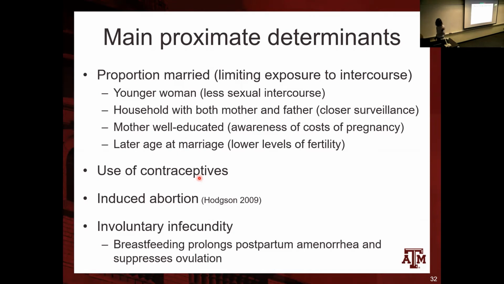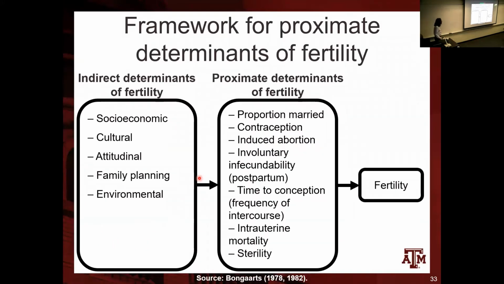Use of contraceptives can include information about both traditional and modern contraceptives, induced abortion, and the involuntary infecundity related to breastfeeding that prolongs the postpartum amenorrhea and suppresses ovulation, right? So basically, Bongaarts summarized like this. There are these indirect determinants of fertility related to socioeconomic, cultural, attitudinal, family planning, and environmental characteristics of populations.